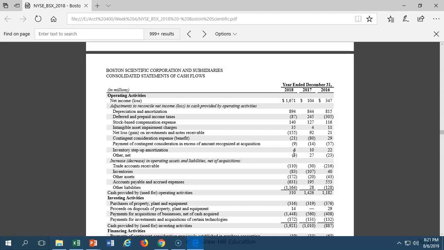It would decrease because it's net expenses and net income.